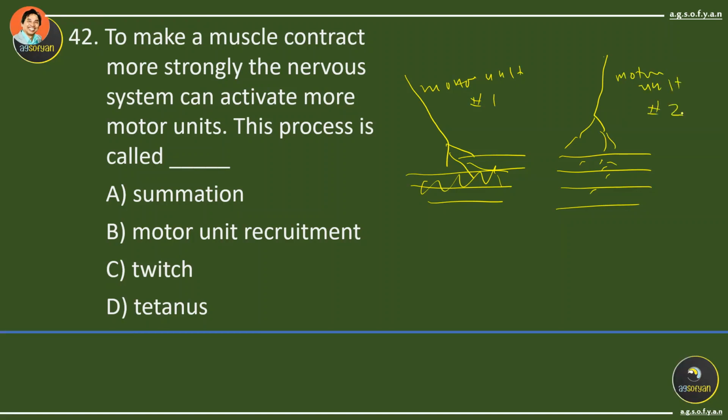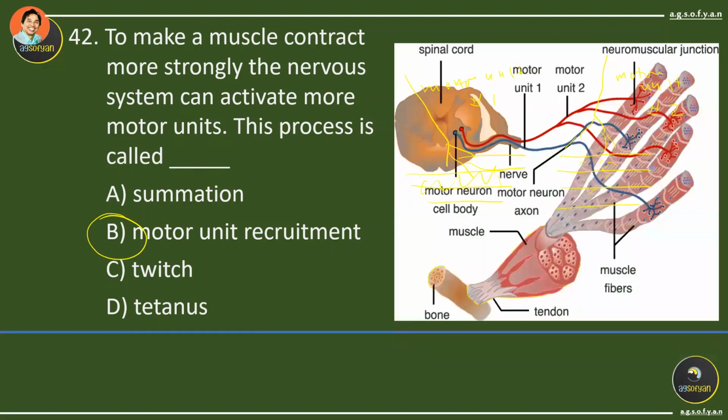Okay, so in order to make stronger and meaningful contractions, the nervous system is able to recruit more motor units to order the contraction. So this process is called motor unit recruitment. You see this one, there are two motor units that are actually recruited in order to make muscle contraction in this group of muscle.